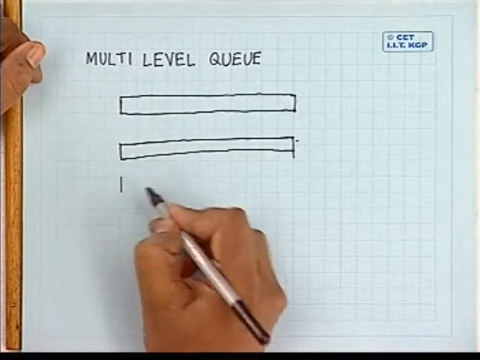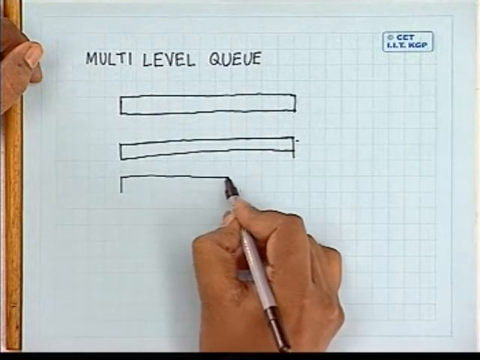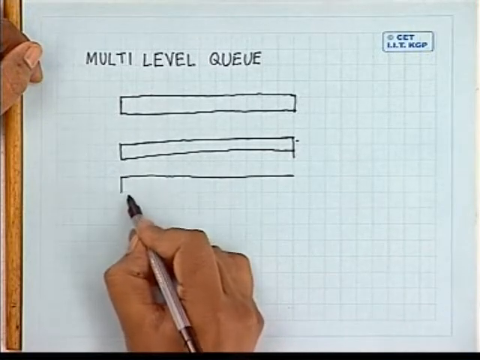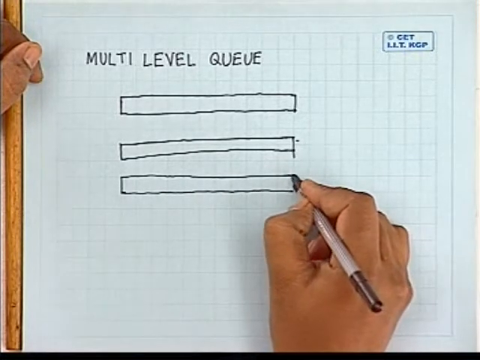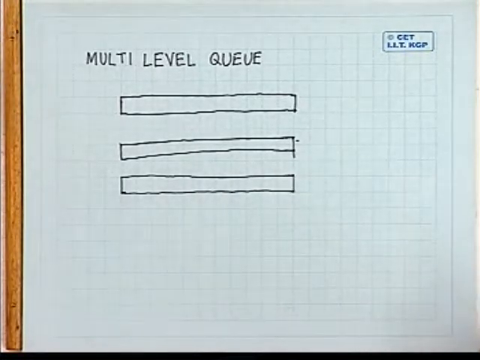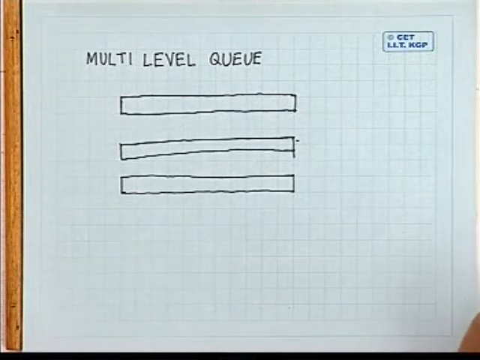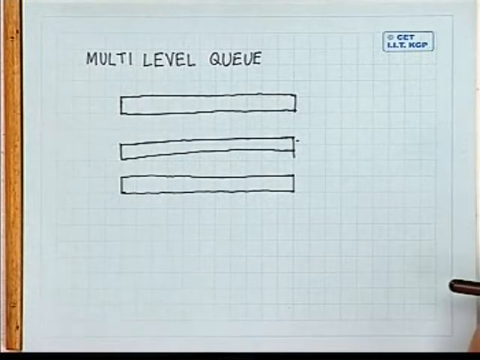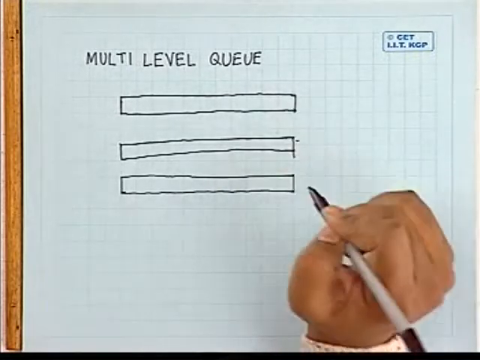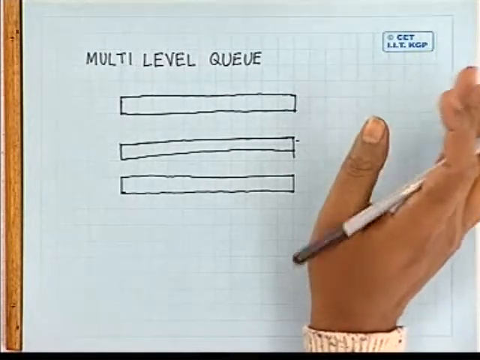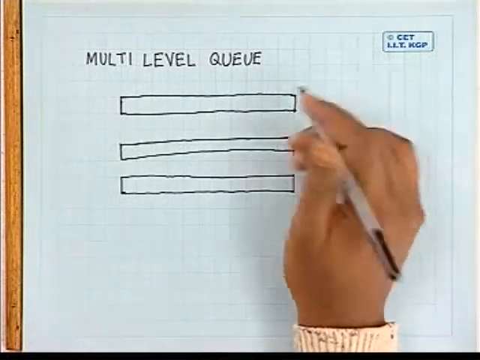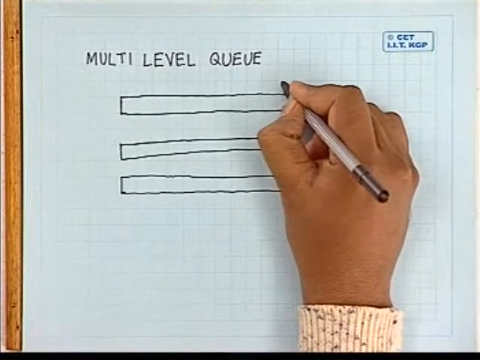And here I can have another ready queue. So suppose I categorize the jobs in three different categories. The first ready queue will contain the jobs, let us say, whose CPU burst duration is less than or equal to 2 milliseconds.